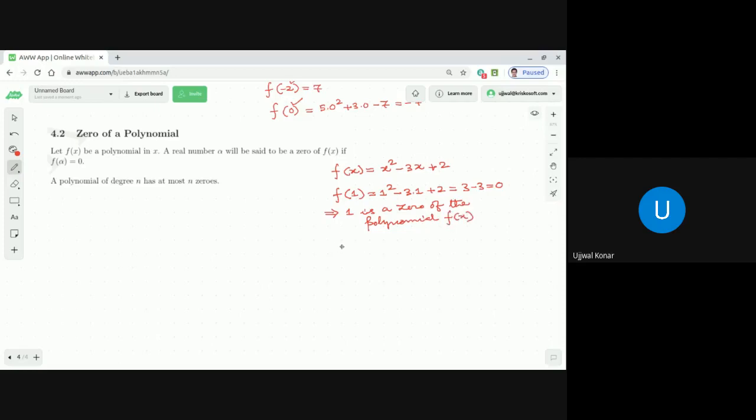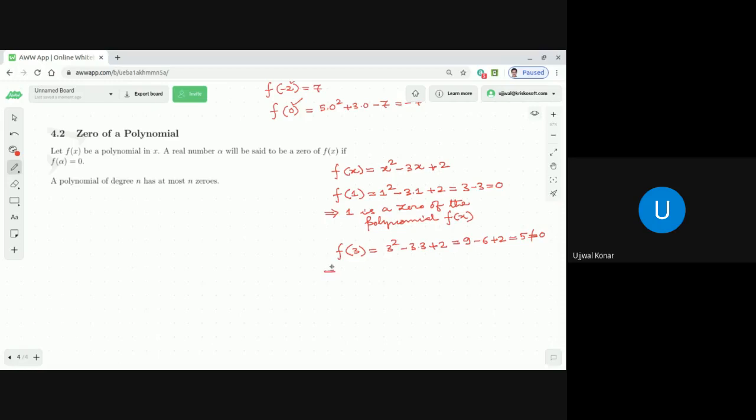Similarly, let's find the value of f(x) at x equal to 3. What is f(3)? It is 3 square minus 3 into 3 plus 2, that is 9 minus 9 plus 2, which is 2, not equal to 0.